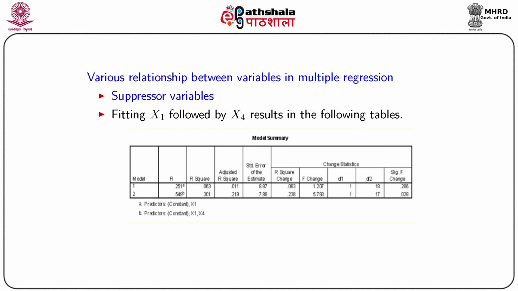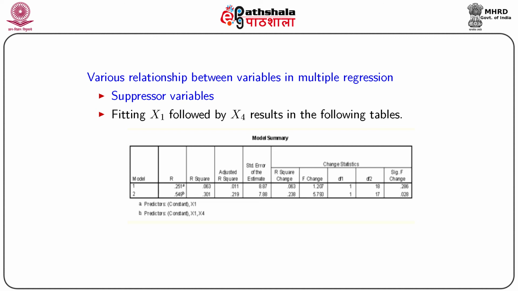In the example data, neither x1 nor x4 is highly correlated with y2, with correlation coefficients of 0.251 and 0.018 respectively. Now the variables x1 and x4 are correlated with a value of 0.847, which is quite a high positive correlation. Fitting x1 followed by x4 results in the following table.